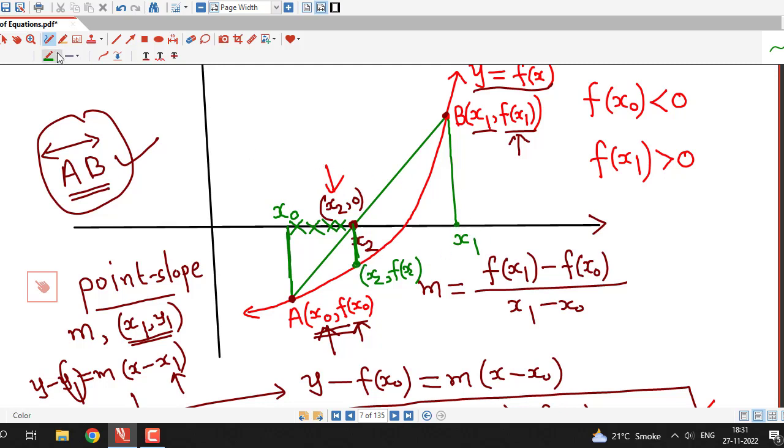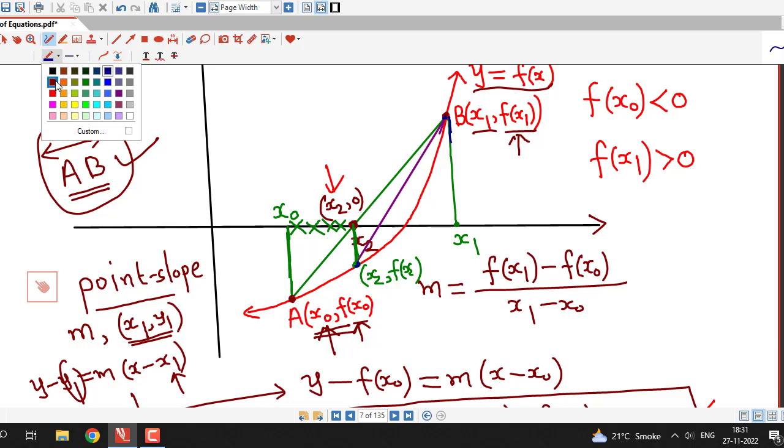So now what we are doing, we are repeating the same procedure. We will draw the line joining these 2 points now, because f of x1 is positive and f of x2 is negative, so the root lies between x2 and x1. So the next approximation to the root is the intersecting point of this line with the x-axis.